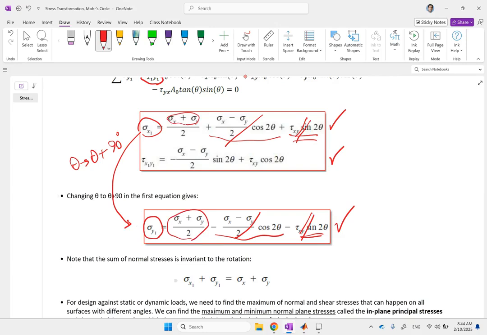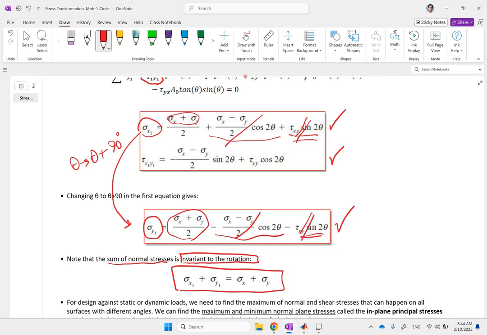You add them, you get sigma x plus sigma y. It says that under stress transformation, under rotation, the sum of the normal stresses is not going to change. So we say the sum of the stresses is what we call invariant to the rotation. And this is actually a good check on your numbers here.